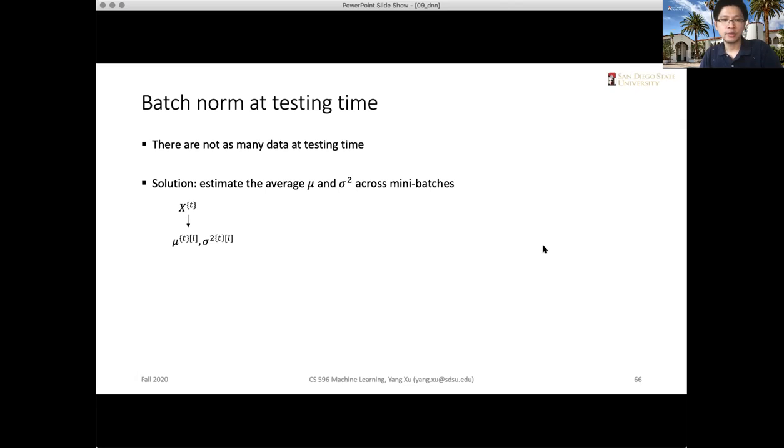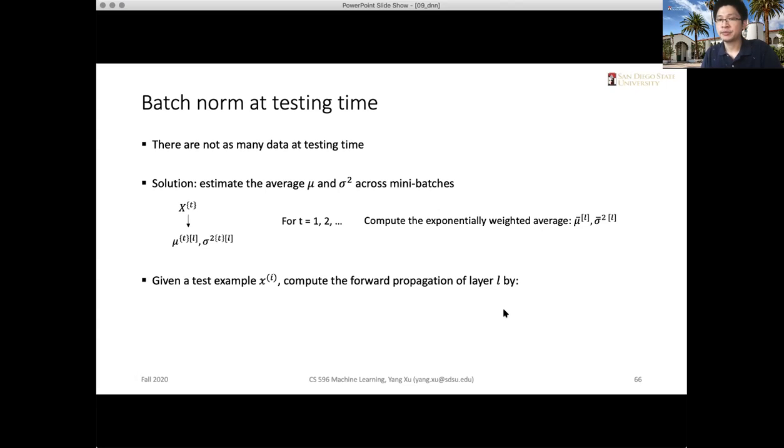Then we can use those average values, or exponentially weighted averages, which is a fancier way, but sometimes a simple average is enough. Given a test example, we compute the forward propagation by computing the z bar using the running average.